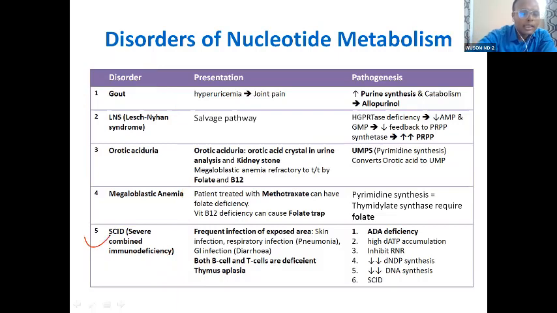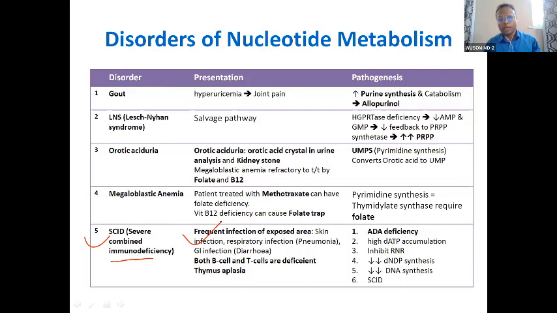Let's start from SCID. SCID is called severe combined immunodeficiency. The name itself is self-explanatory for its presentation. Whenever you see immunodeficiency, there will be infection in the exposed areas.